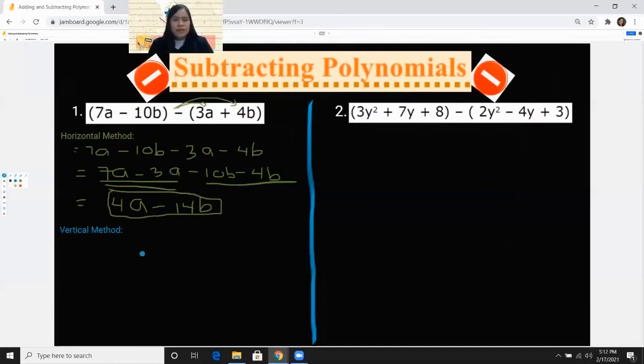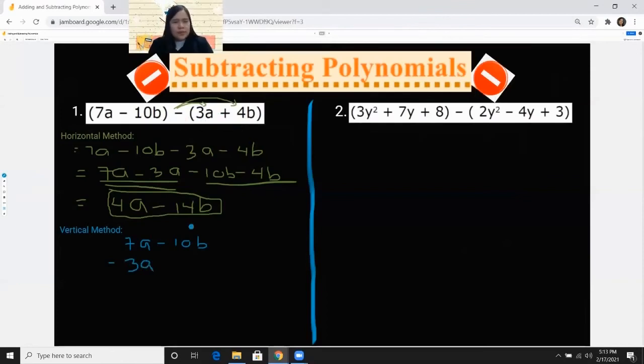Subtracting vertically or using the vertical method, we'll do the same. We will write the first group first, which is 7a minus 10b. And then we're going to distribute again the negative sign in here. So negative times positive, we will have negative 3a.